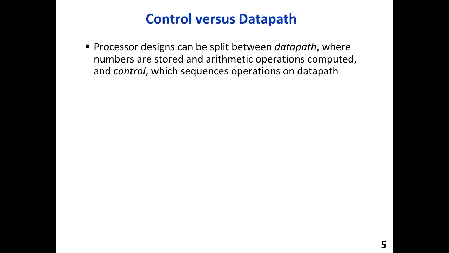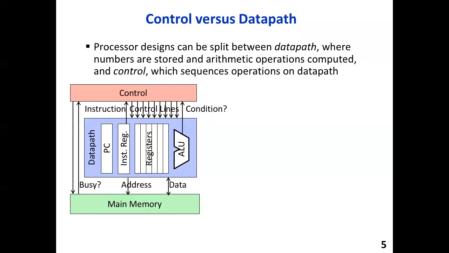So what we'd like to do is think about our architecture in terms of arithmetic operations, data path, and a control sequence. And the control sequence is going to essentially move data from one place to another, into and out of the ALU, the arithmetic logic unit, into and out of registers, into and out of an instruction register, which is used for decoding.